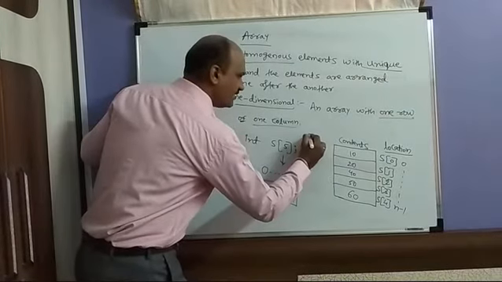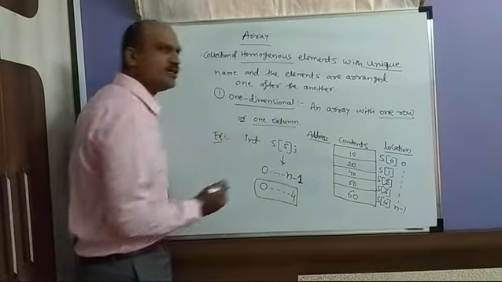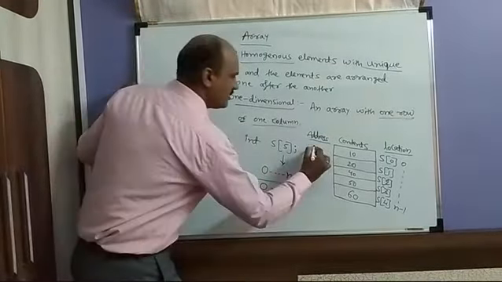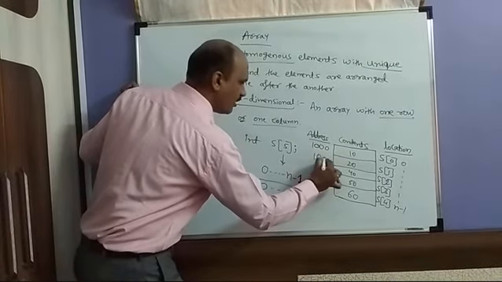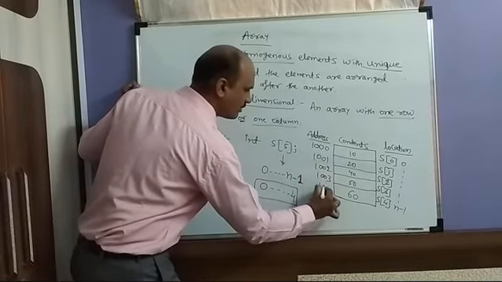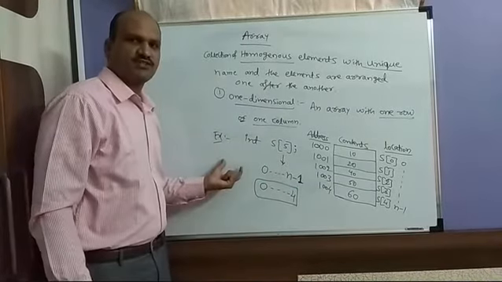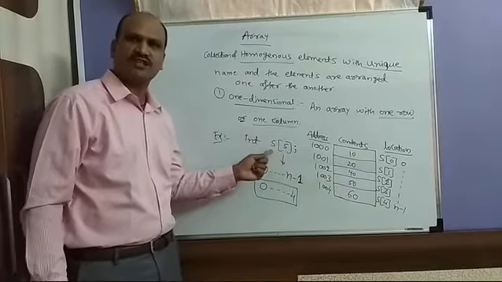Then there are addresses. These addresses come from the memory, randomly generated addresses from the memory. If I take 1000, it will be 1001, 1002, 1003 and 1004. This is the memory representation of a one-dimensional array. So int S of 5, S is the name of the array.